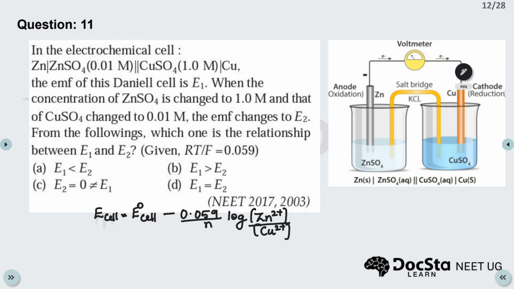Now let us write the Nernst equation for the first case, where the concentration of zinc is 0.01 molar and copper is 1 molar.